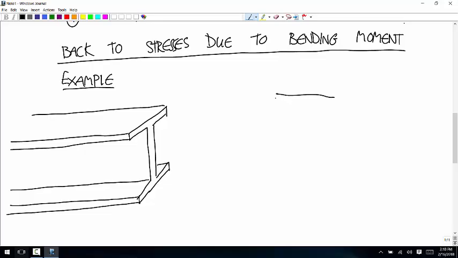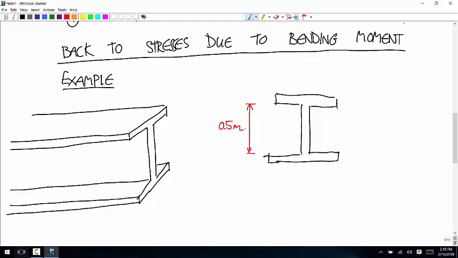and the dimensions are half a meter this way, half a meter this way, and then all of the thicknesses are 1 centimeter.